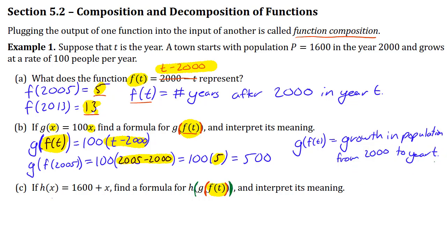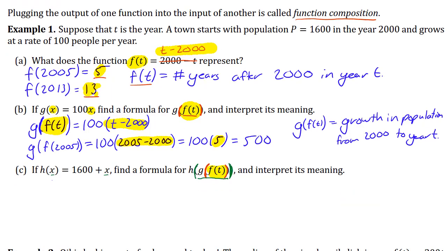And then what h is going to do, well, it's going to take the growth in the population and plug that into x here. And it's going to do 1600 plus that growth. So let's get a formula for it and then use an example of plugging in a value of t to make sure we understand what it's doing.